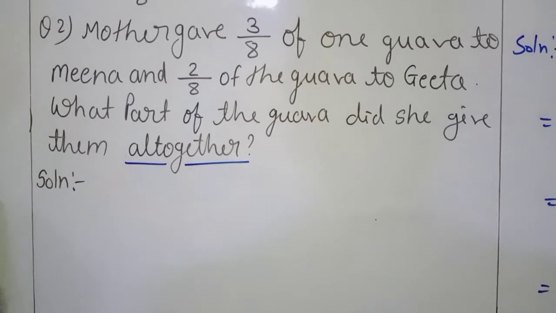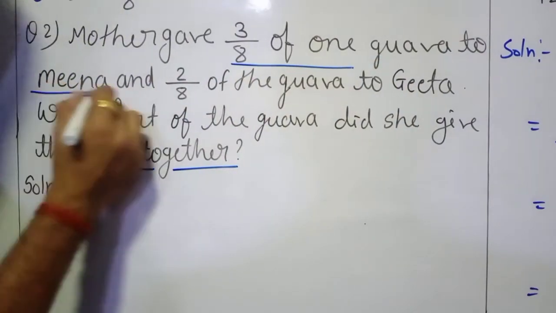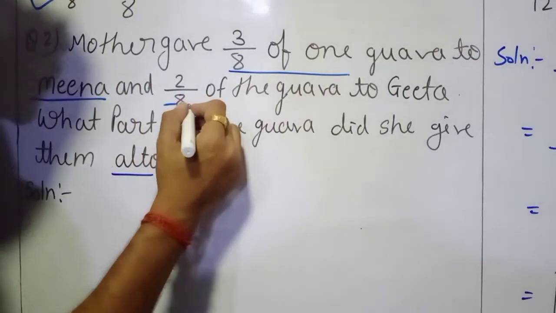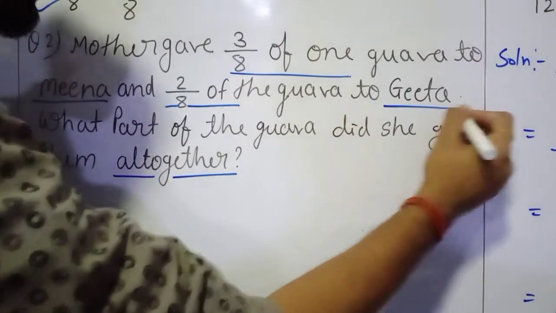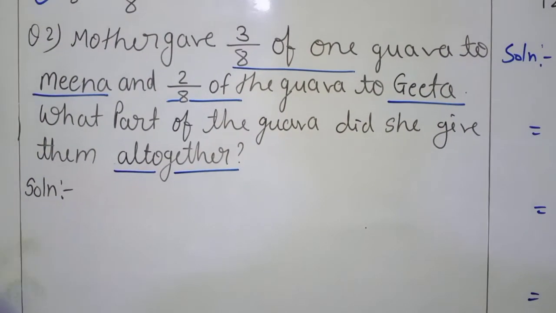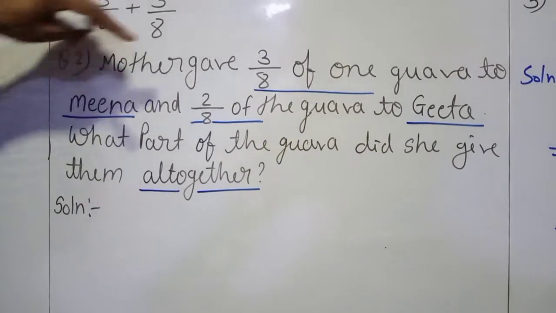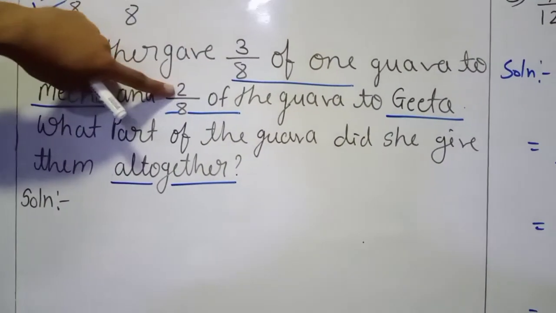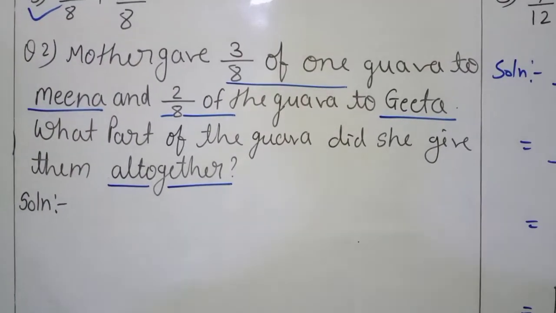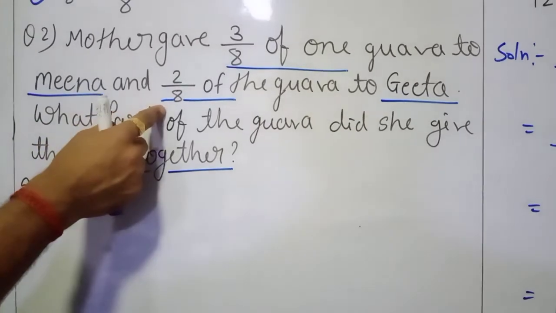Mother gave 3 upon 8 of 1 guava to Meena and 2 upon 8 of the guava to Geeta. So all together, how much is given to both Meena and Geeta? What we have to do first is the addition of these two. It means there was a guava that should be divided into 8 equal parts.